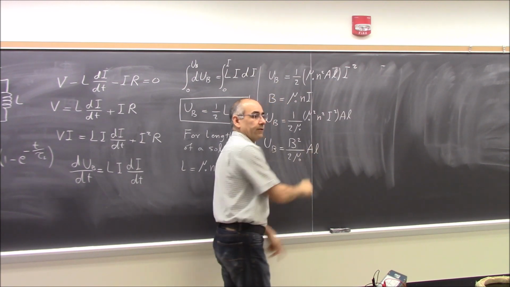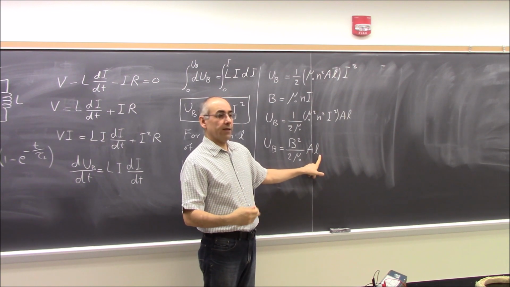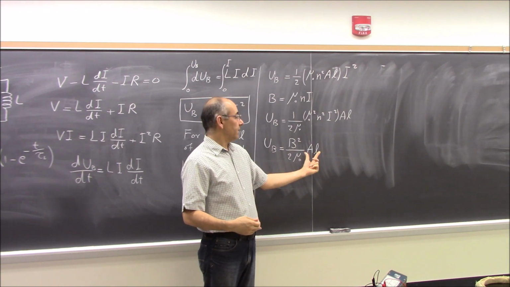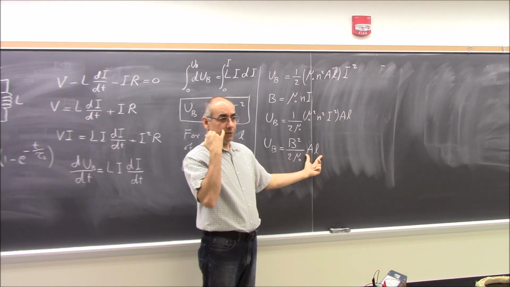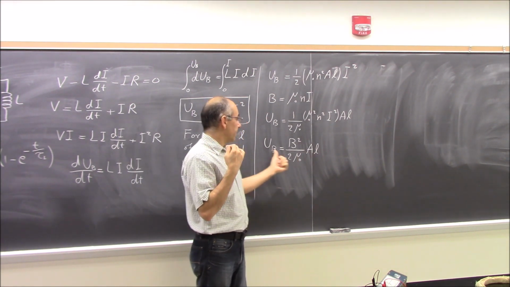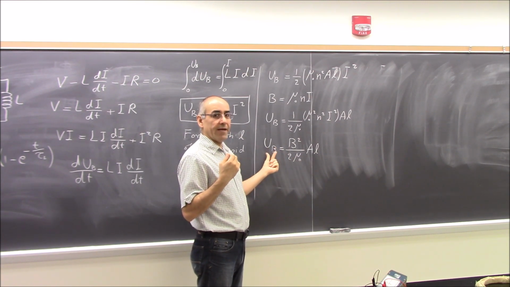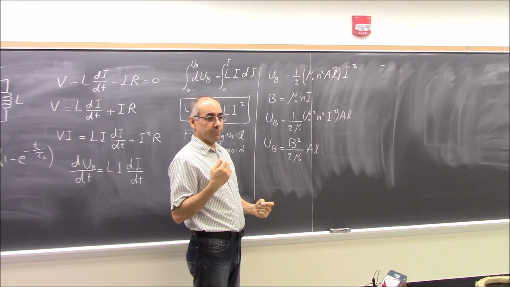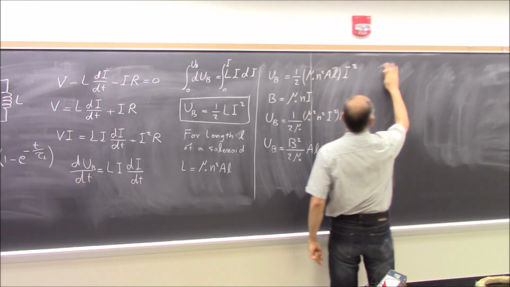A is the cross-sectional area of the solenoid. l is the length of the solenoid. So what is A times l? The volume of the solenoid, right? So if you divide this energy by the volume of the solenoid, you get energy density per unit volume, and we call that lowercase u.